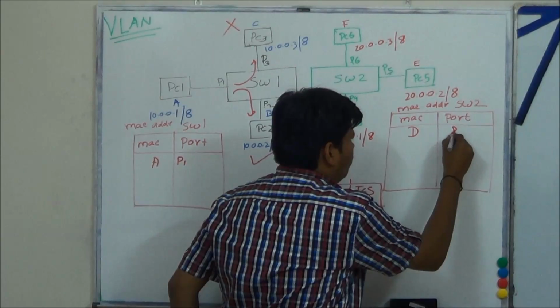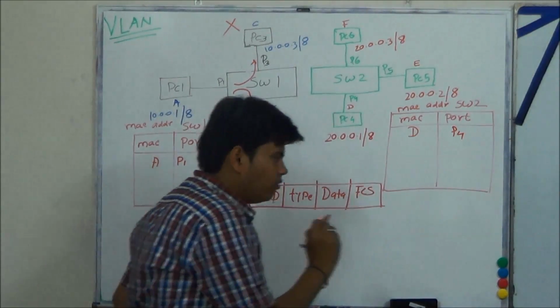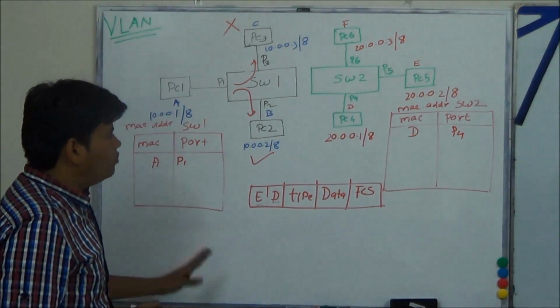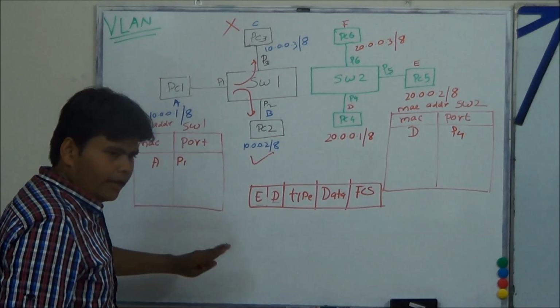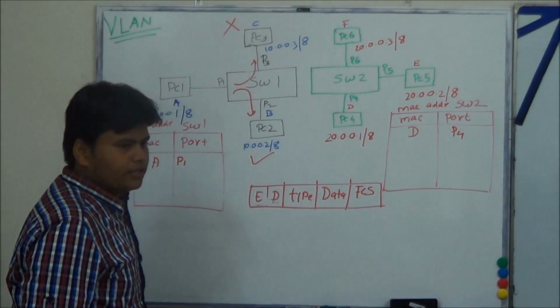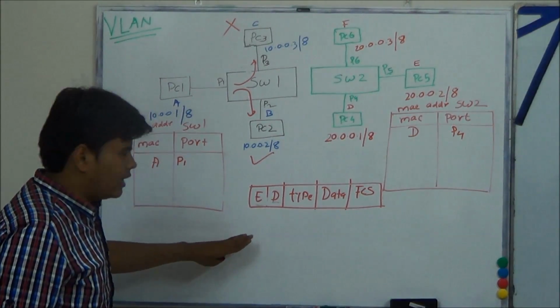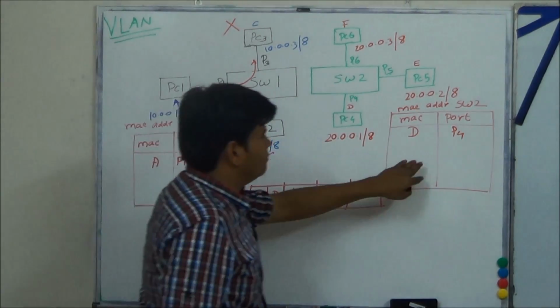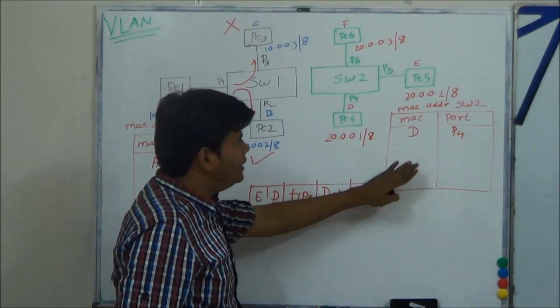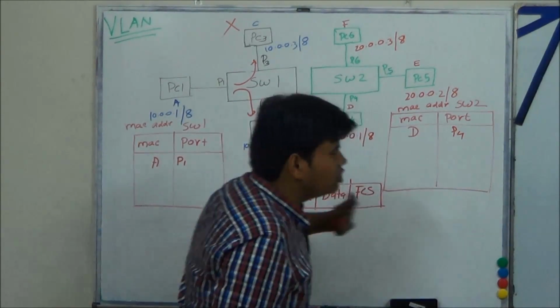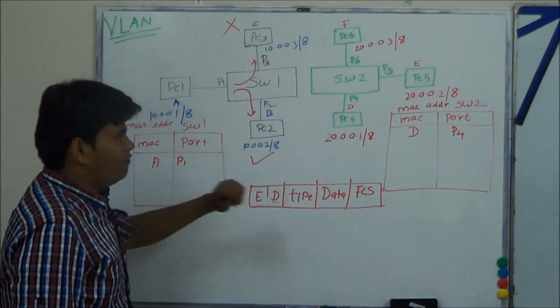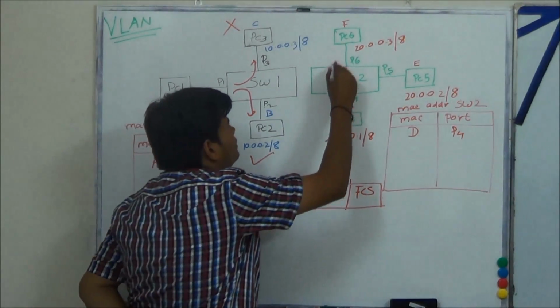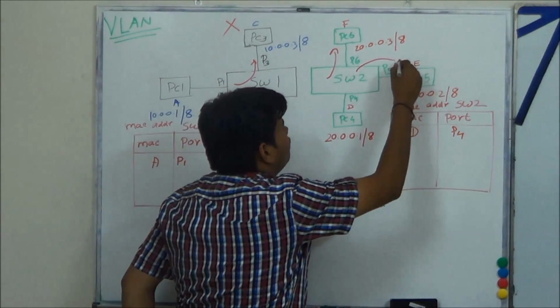Now the second step: it checks the destination MAC address of the frame, in this case E. It is not present in its MAC address table, so it floods the frame towards PC6 and PC5.